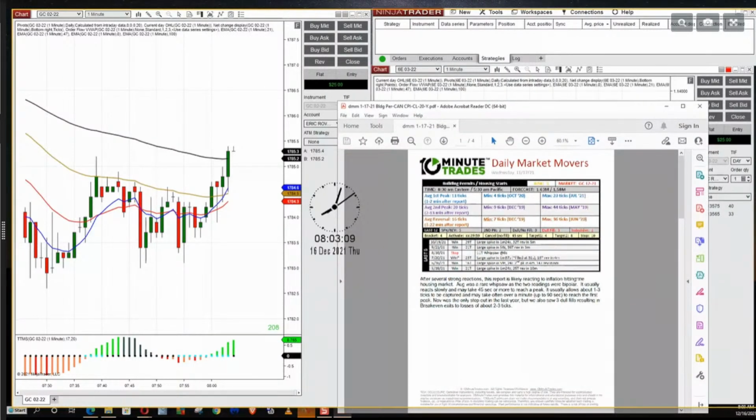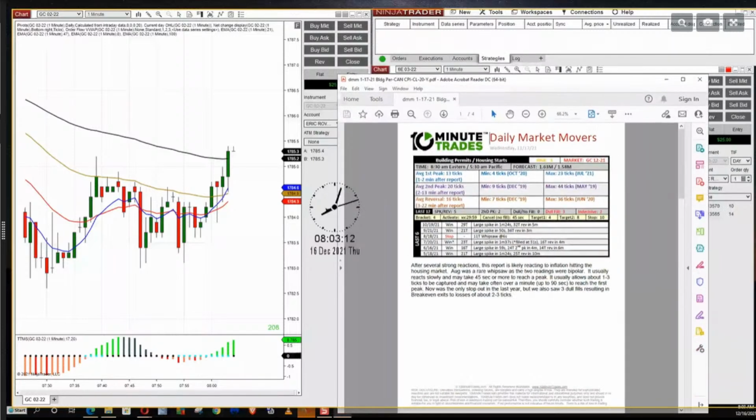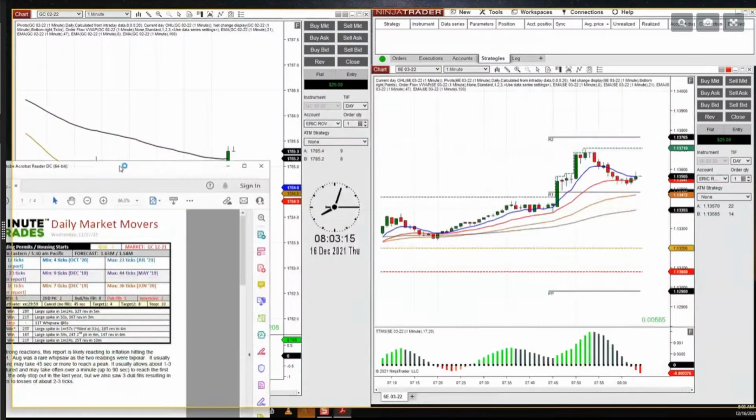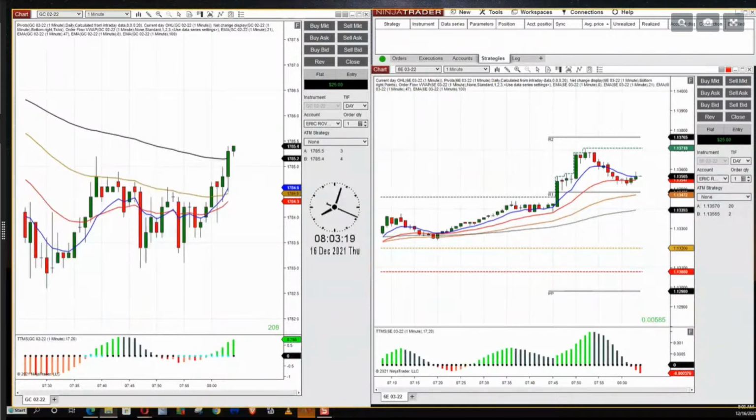So any trade that you take at 8:30 as a breakout has potential to be a little bit challenged because of the way the news is coming out, and the amount of news. There's a large amount of news.